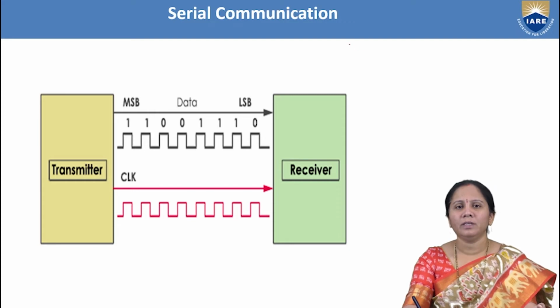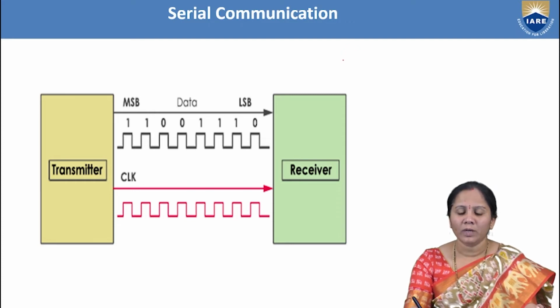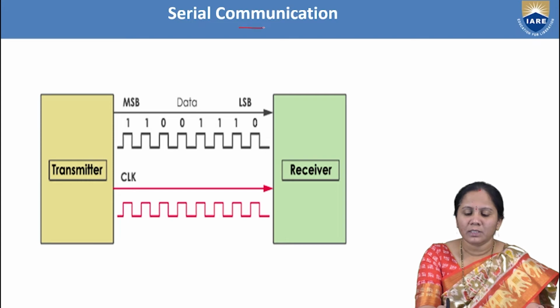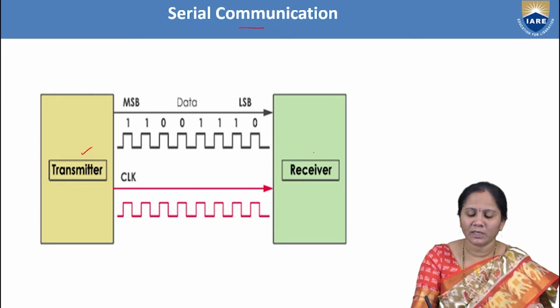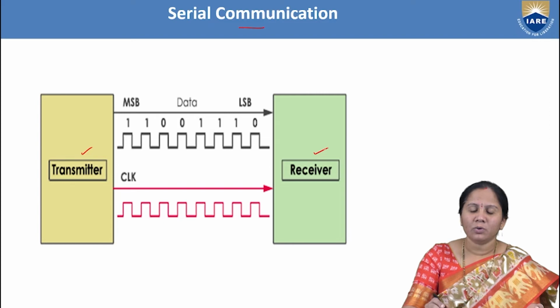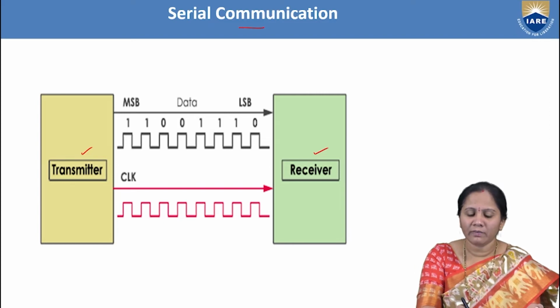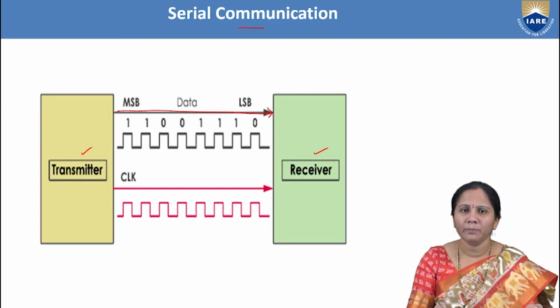Now, there are two types of communication. One is serial communication and another one is parallel communication. Coming to serial communication, here we will see how the data is transmitted between the transmitter and receiver. In serial communication, we have a single wire between transmitter and receiver. Using that single wire only, the data will be transmitted bit by bit.